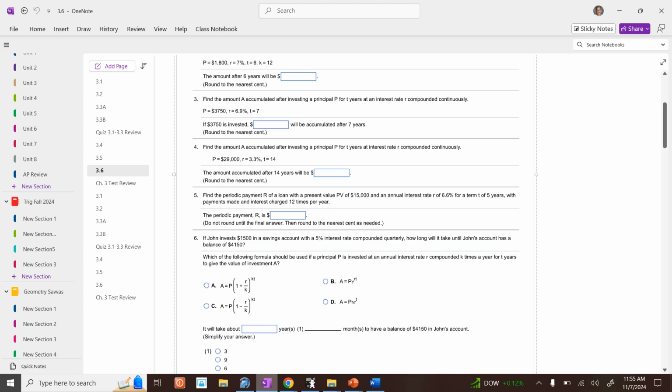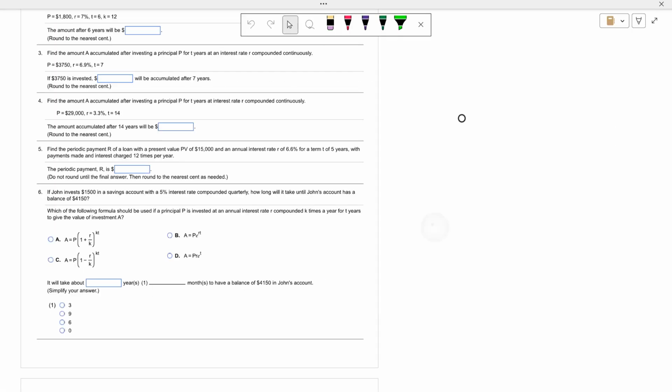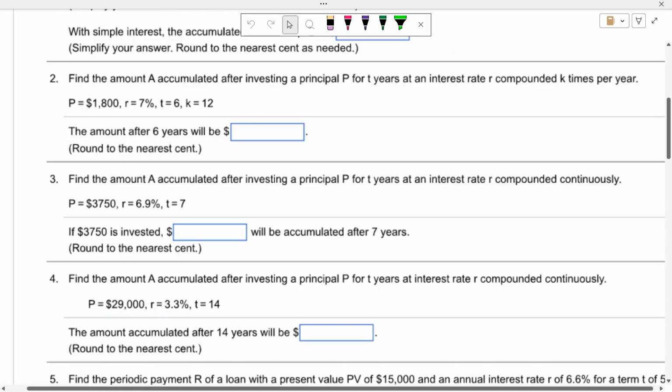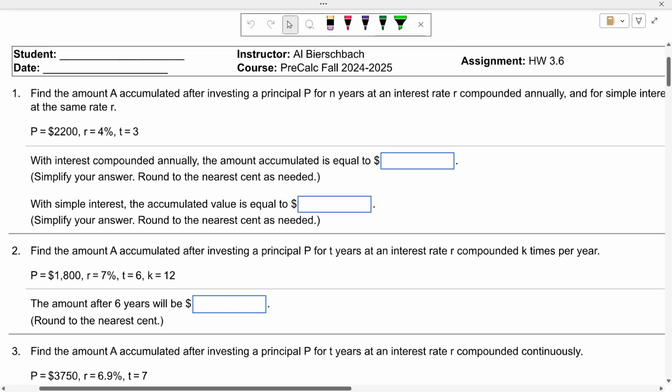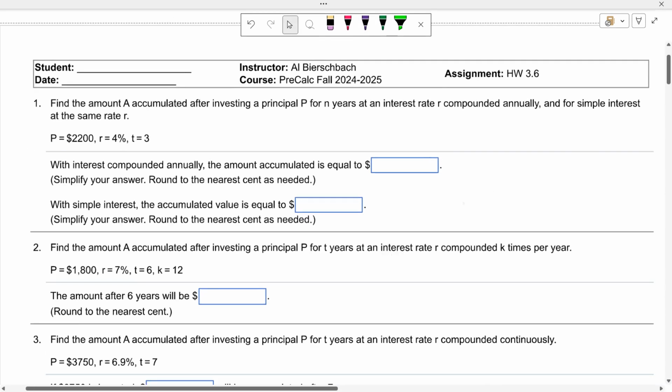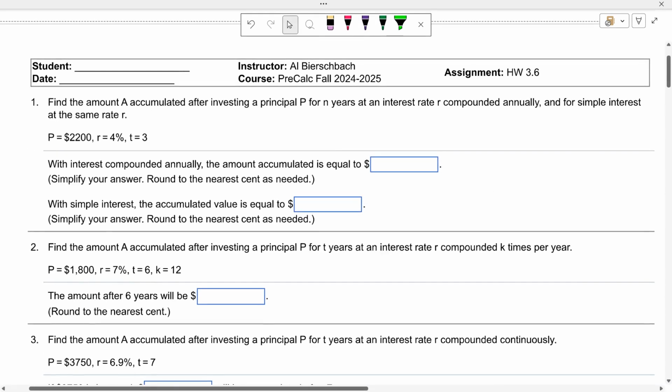All right. So, looking at the problems on 3.6. Find the amount after this interest rate is compounded annually and for simple interest at the same rate.